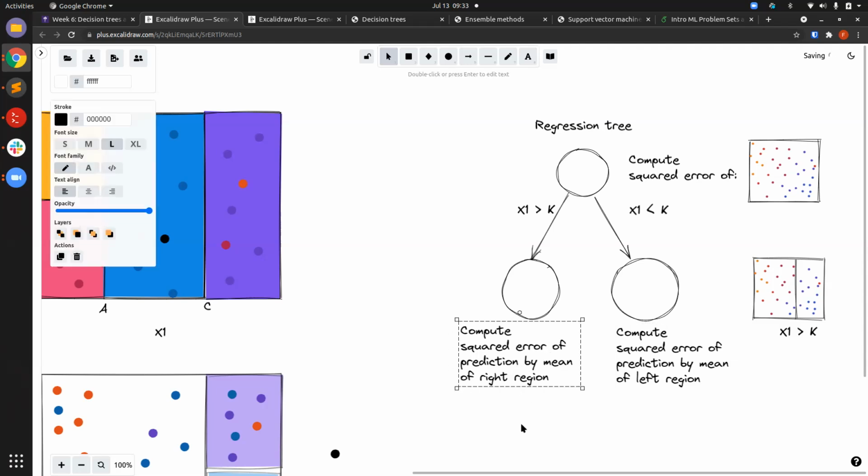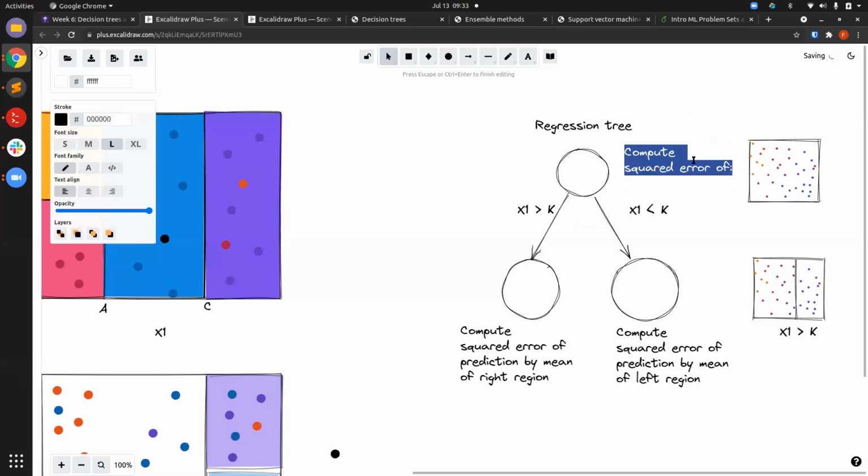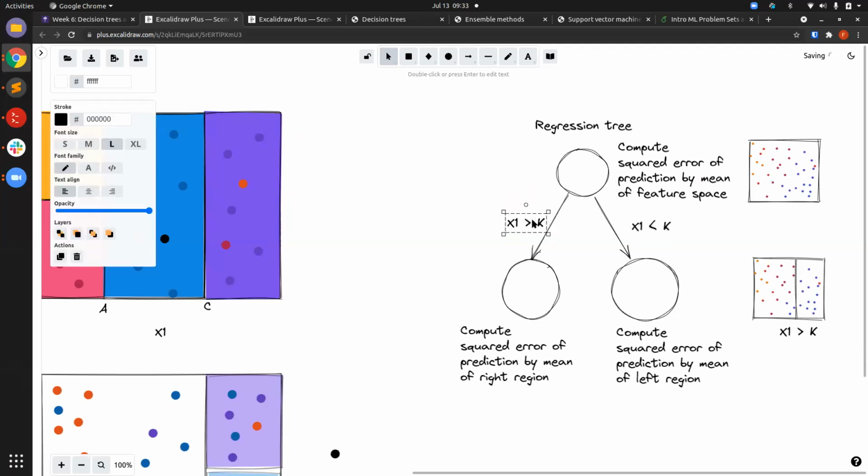So I'm going to compute 3 squared error values. Now I have 3 squared error values.